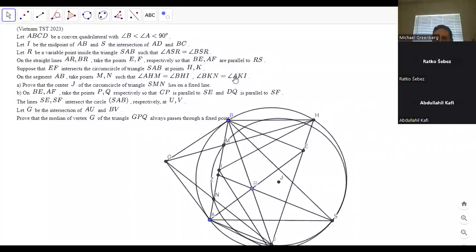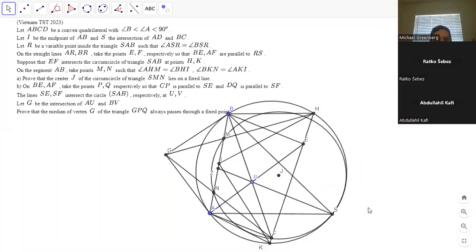N is wrong. Okay. We want BKN to equal AKI. So why is N wrong? Does BKN equal AKI? Oh, because N should be on AB.